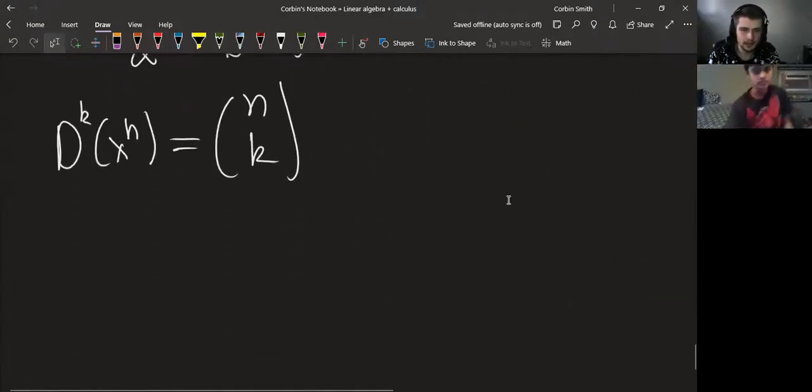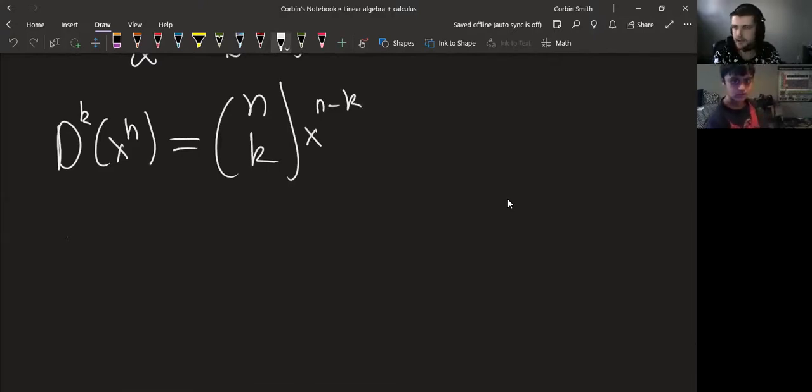But down here, since we have that the derivative of x to the n is equal to n choose k times n minus k, then we have this new theorem.